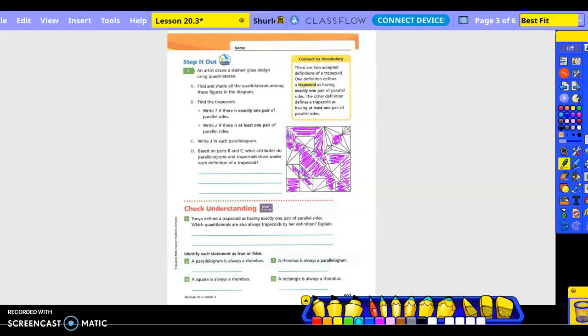Okay. Then they want us to write a 2 if there is at least one pair. So basically, there could be more than one, right? Okay. So these that we all put 1 on, we would put a 2 on as well, right?